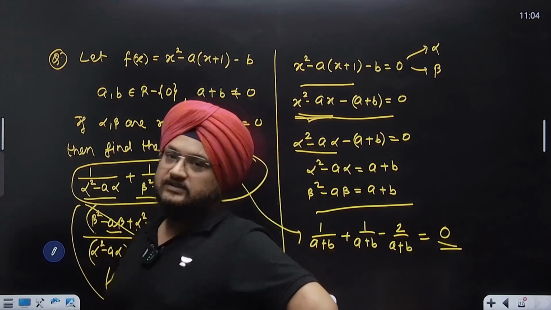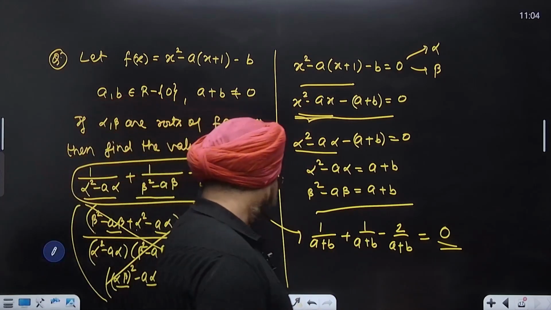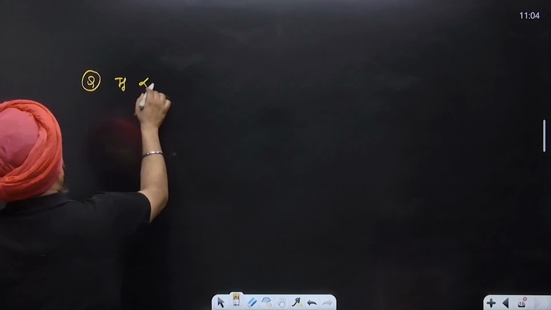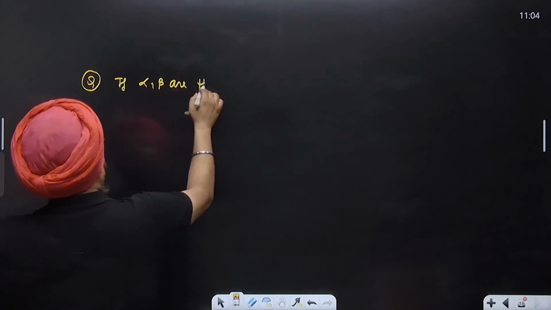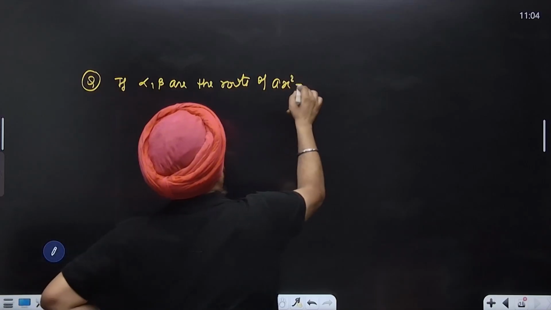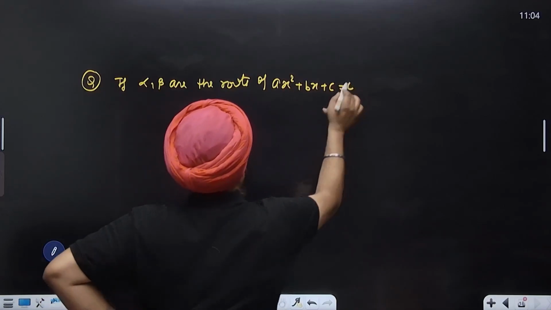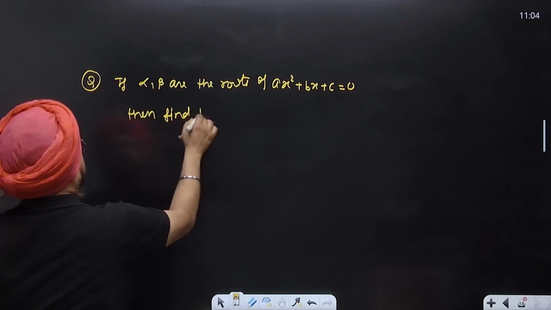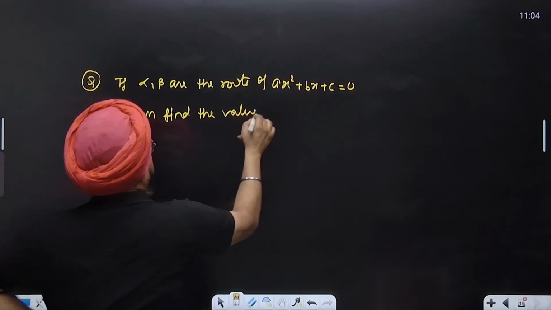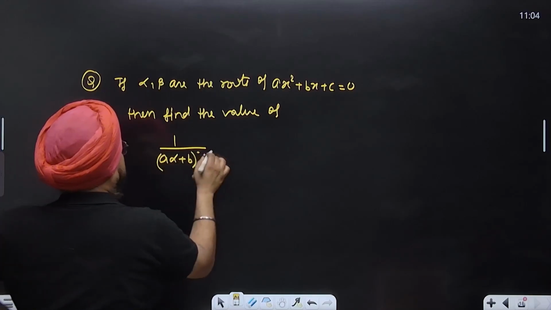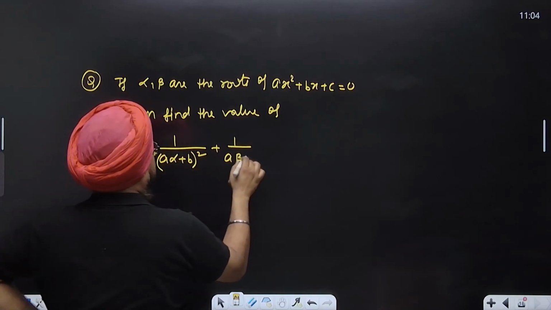A similar problem is: if alpha and beta are the roots of ax square plus bx plus c equal to 0, and we have to find the value of 1 upon (a alpha plus b) square plus 1 upon (a beta plus b) square.